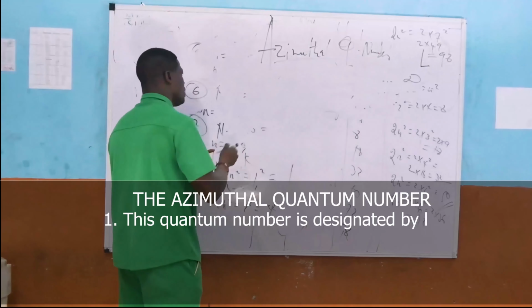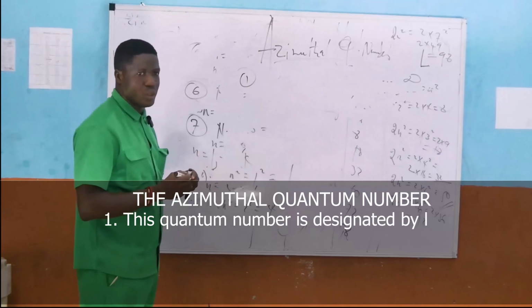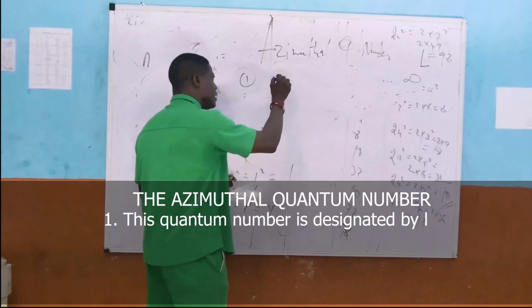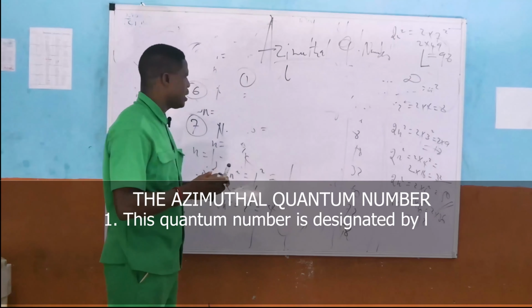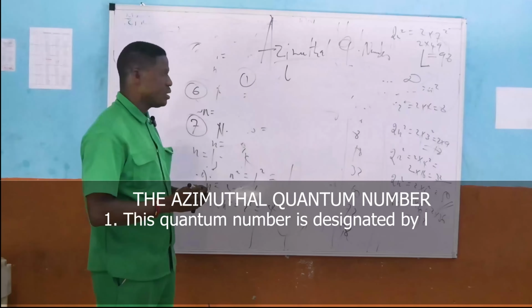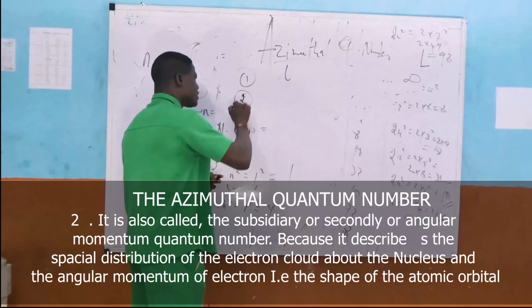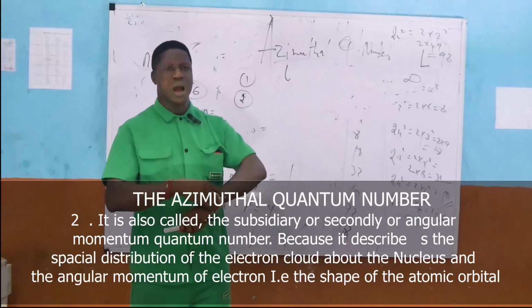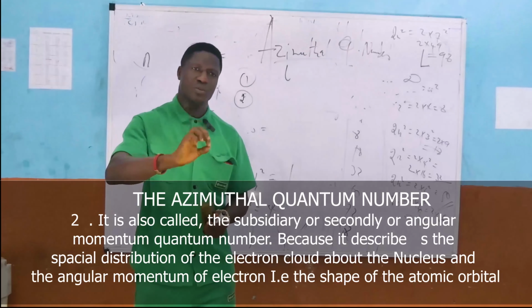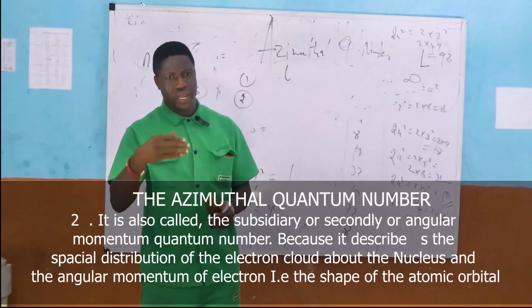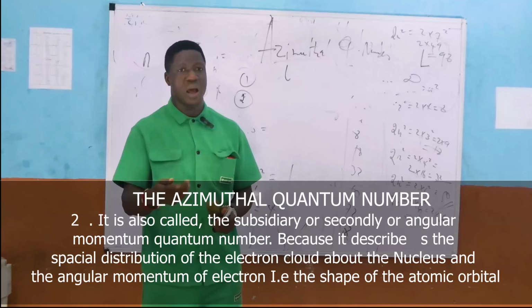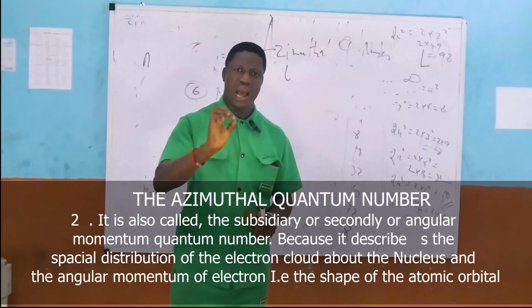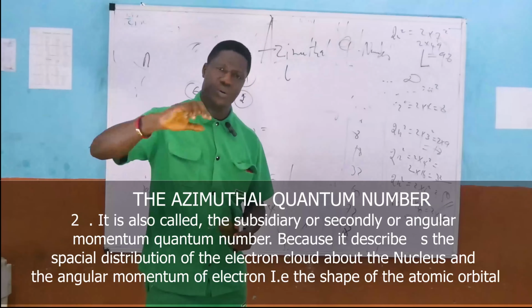Number one, the azimuthal quantum number is conventionally designated with a small letter l, as you can see on the board. Secondly, it is alternatively known as the secondary quantum number or the subsidiary quantum number, and most particularly, the angular momentum quantum number.